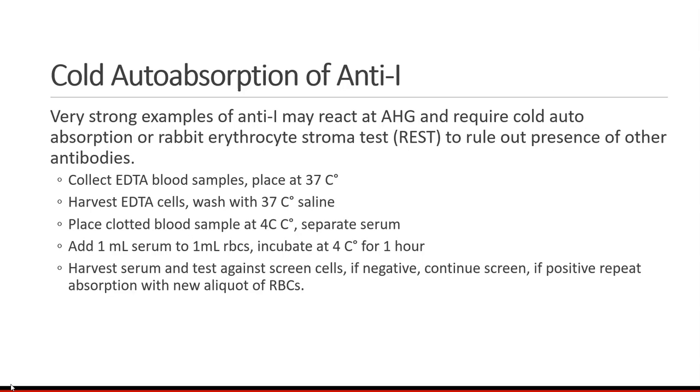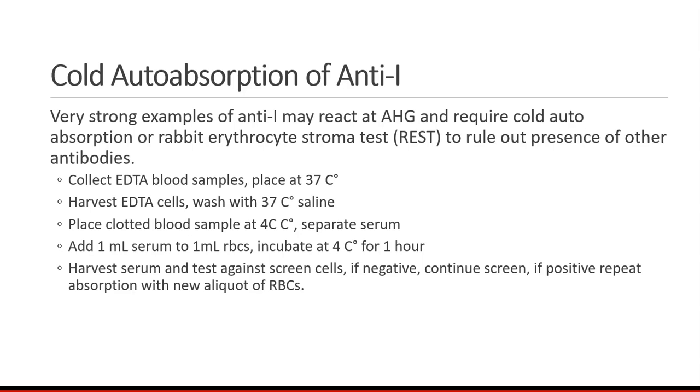I'm going to talk about cold autoabsorptions of anti-Big I. Very strong examples of anti-Big I may react at the Coombs test and require a cold autoabsorption, or a really cool test is the rabbit erythrocyte stroma test, the acronym is REST, to rule out the presence of other antibodies.